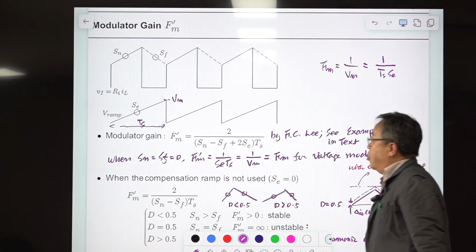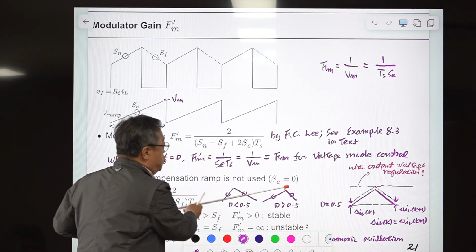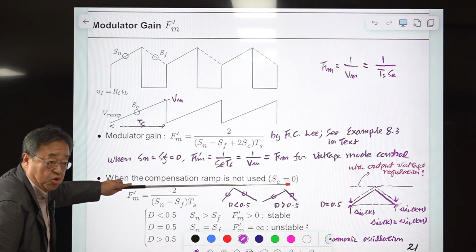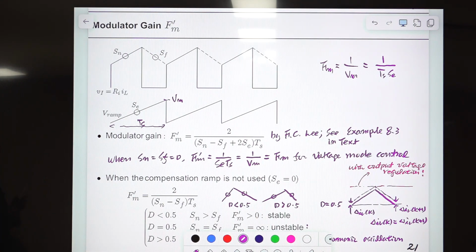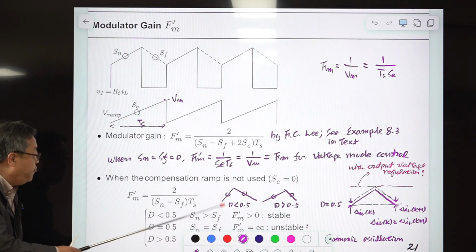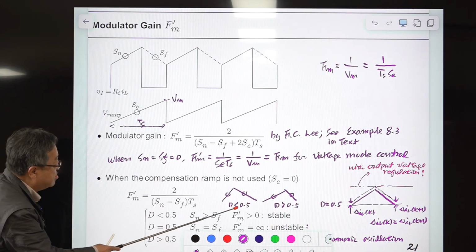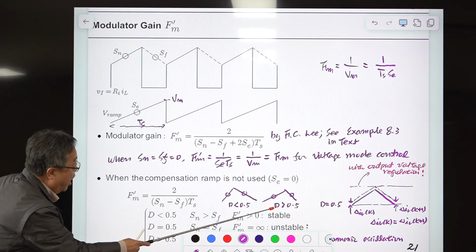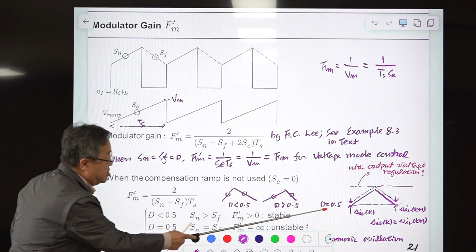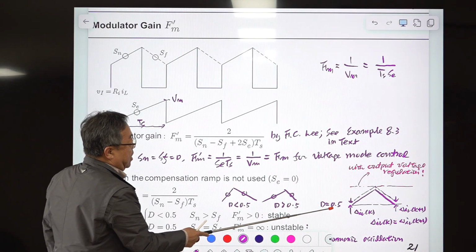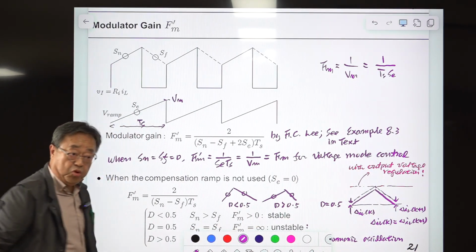Another one is this. Assume SE is 0. That means there is no compensation ramp. Then you have three different cases: D is smaller than 0.5, larger than 0.5, and D exactly 0.5.